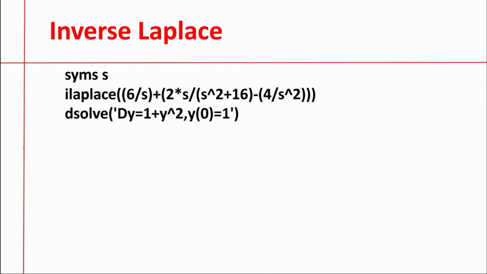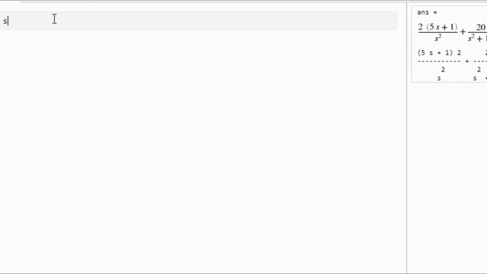You will type dsolve inside the parenthesis. You will write dy is equal to 1 plus y square, and y at 0 is equal to 1. So this is your initial condition. The same code we will type over here to find the inverse Laplace.